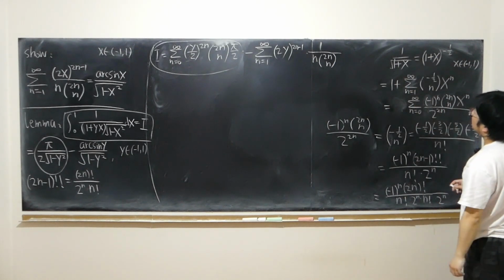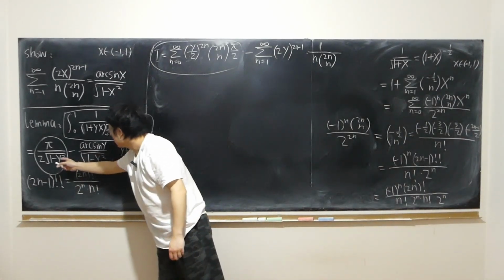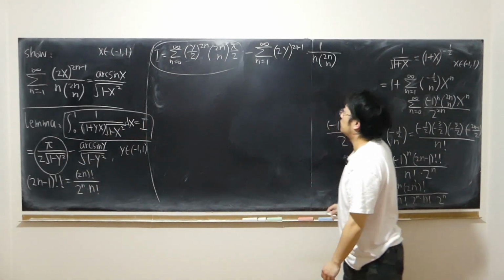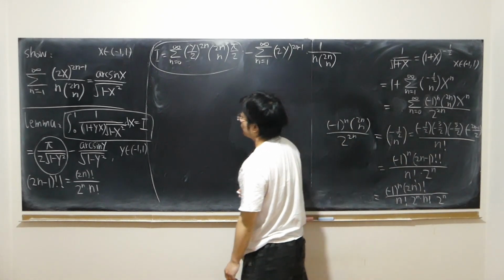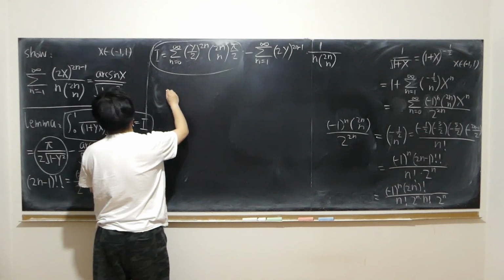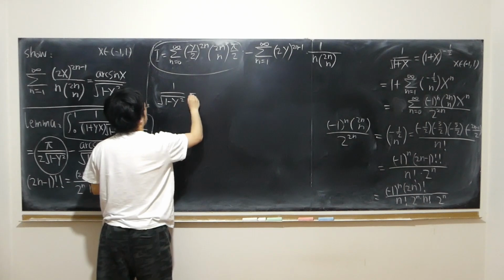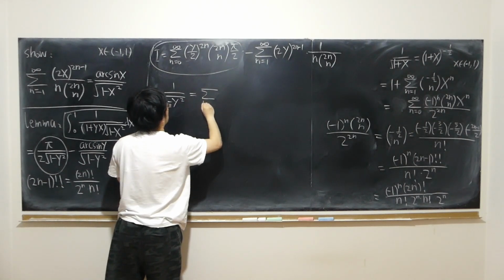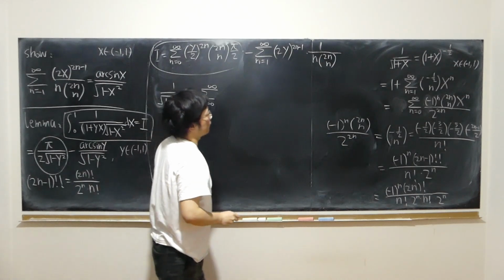So that's the expression when you have x down here. But when you have negative y squared, you just replace x with negative y squared.